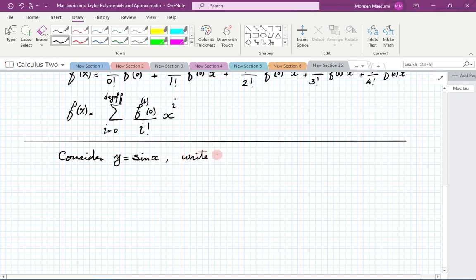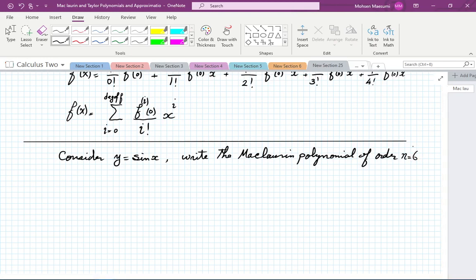Write the Maclaurin polynomial of order, the order is typically captured by n, say of order 6. That is, we are going to go all the way up to power 6 and see what we are going to create. So I start with my function y is sine of x.